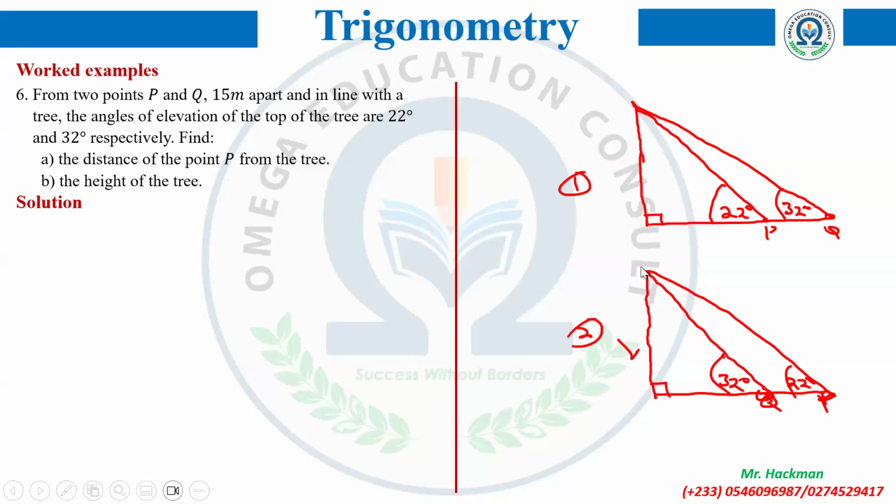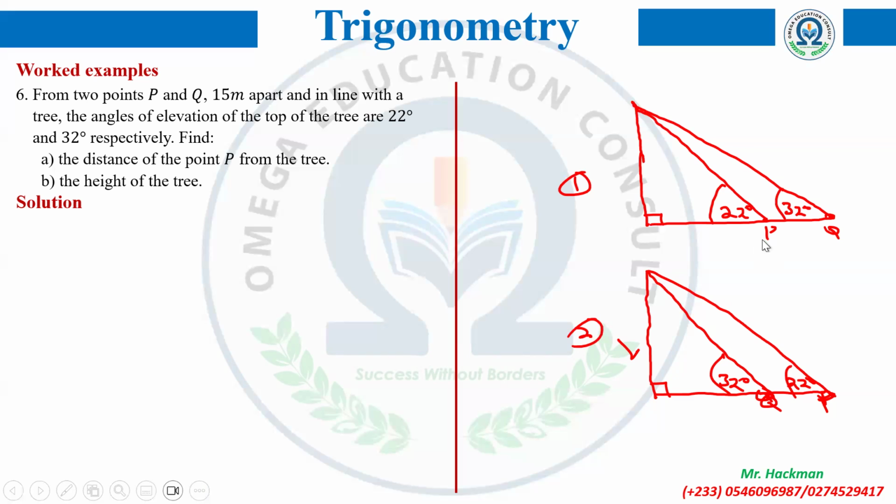So the closer I am to the object that I want to sight, if I look at this, Q is closer than P. I hope you can see that. Or better still, if you take the tree as your object, Q is closer towards the tree than P. So the closer you are to your object, the bigger your angle of elevation.